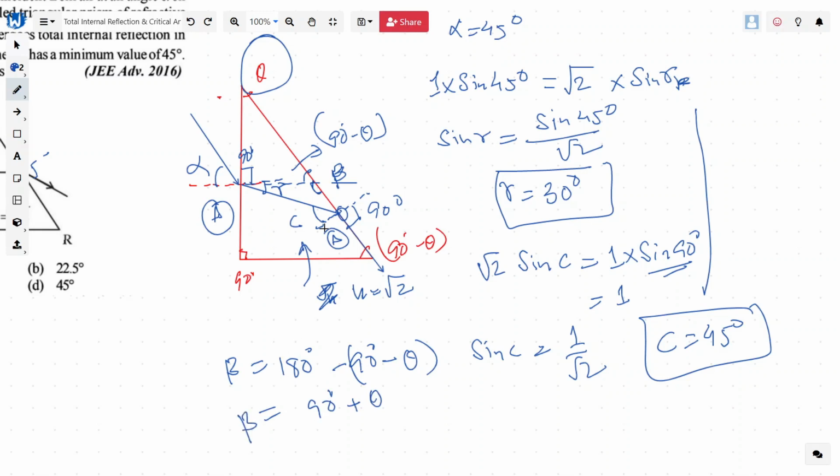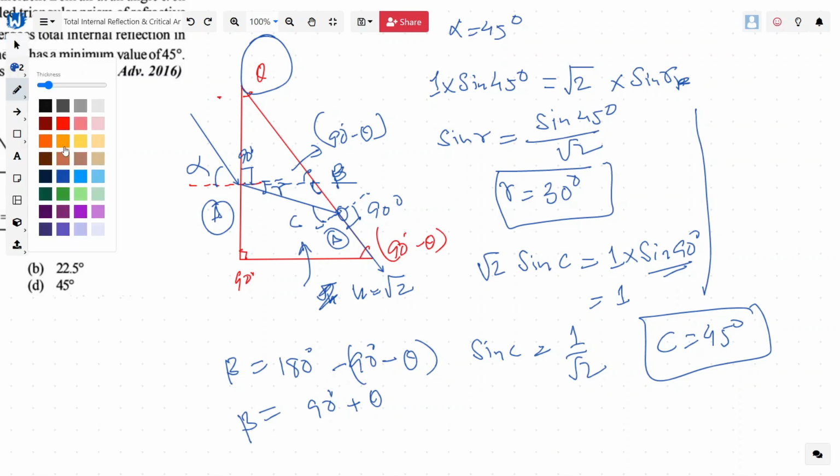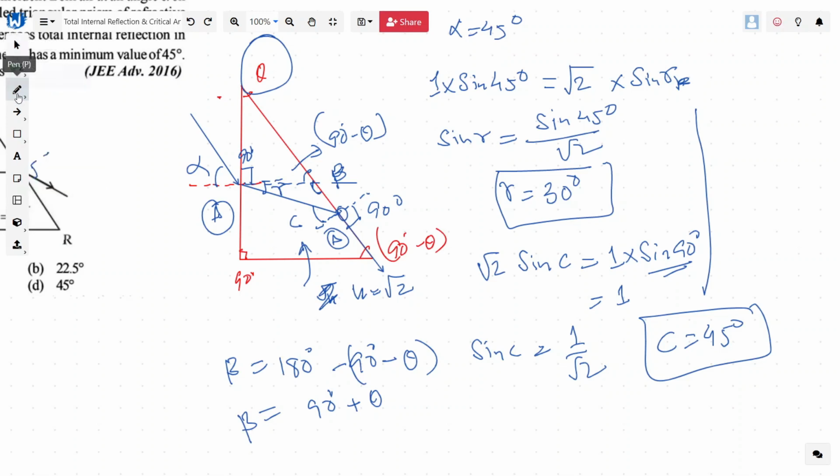Now we have again this triangle here, so r is known. For this triangle we write, r is 30.